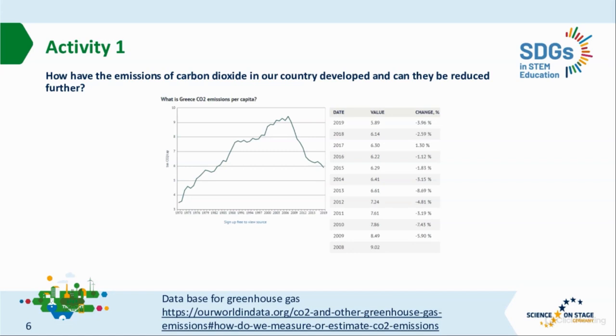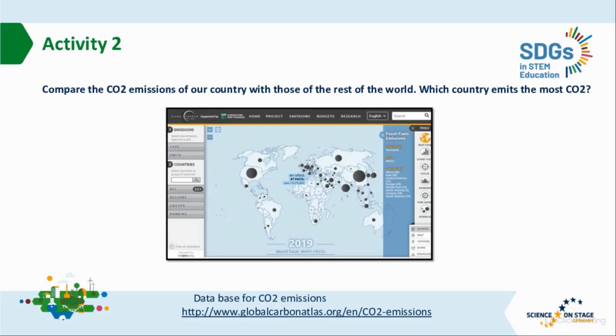In fact, companies such as Good Fuels have to decide on actions for the management of forests for the production of the first such biofuel. In the next activity, we could mention that Greece is ranked 51st in the world, while first place is held by China, followed by the USA, and then India and Russia.